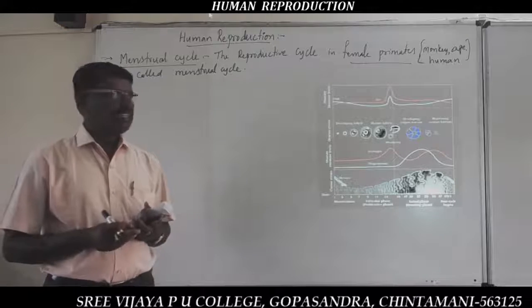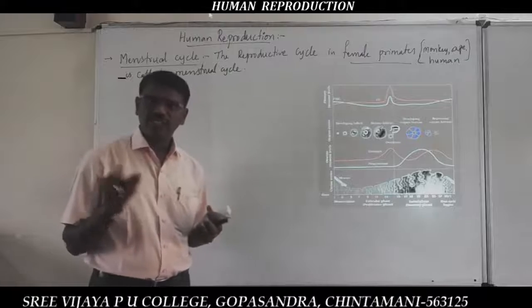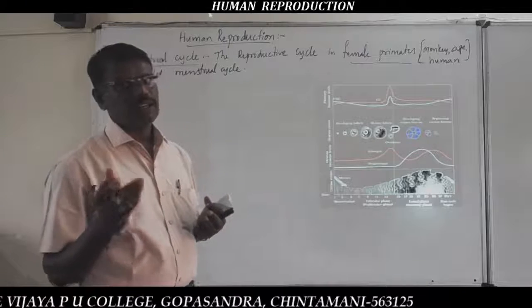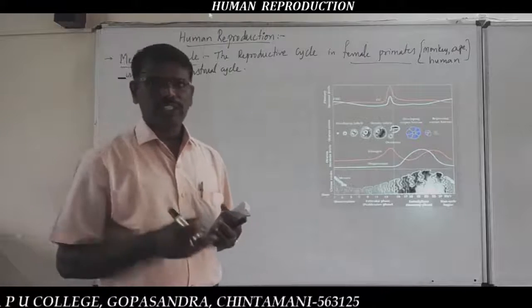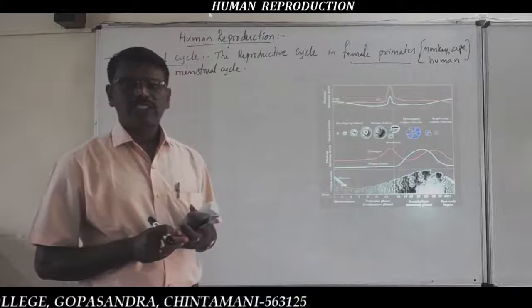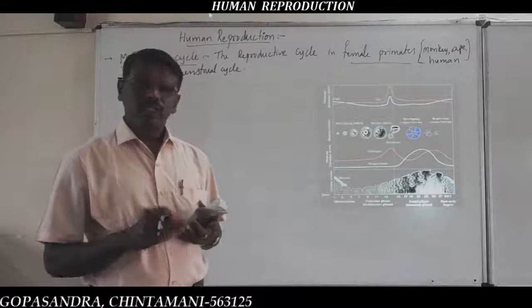The same cyclical events occurring in the ovaries and ducts of non-primates are called the oestrus cycle.